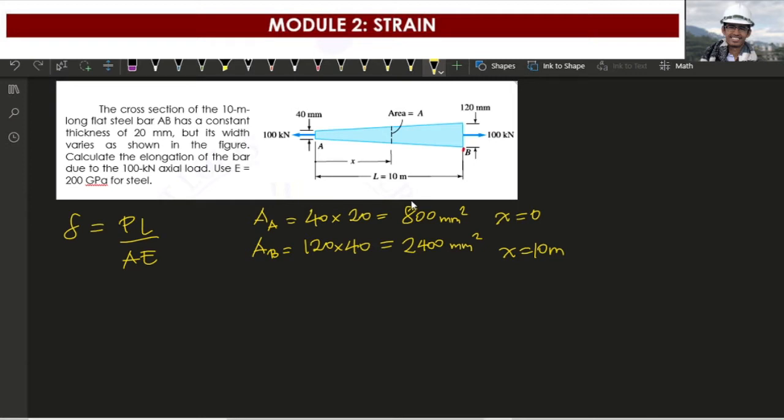Okay? So we can use yung ating algebra o yung tinatawag na, if you remember, yung point slope form. Okay? So that is equal to y minus y sub 1 is equal to yung slope of a line, times x minus x sub 1.